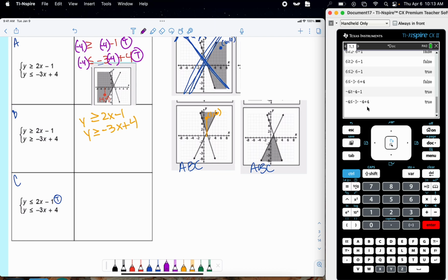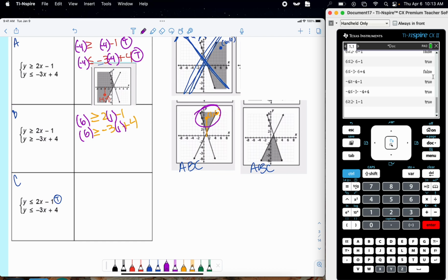I'm going to replace all the y's with 6 and the x's with 1 in Desmos. 6, control equals, the correct symbol, 2 times 1 minus 1.